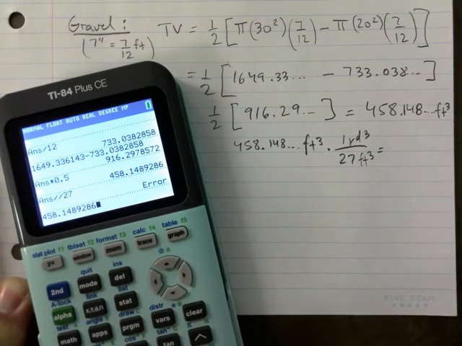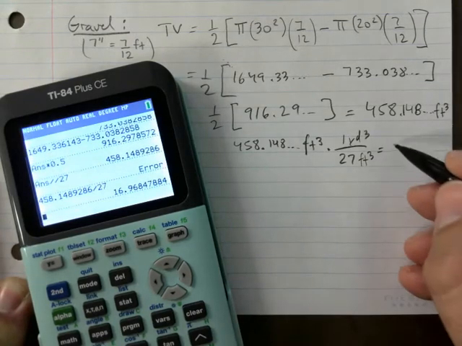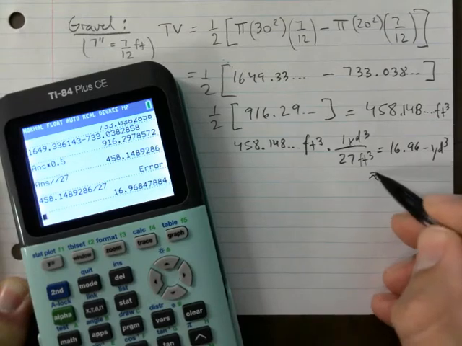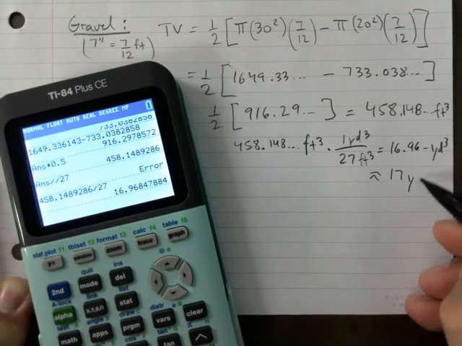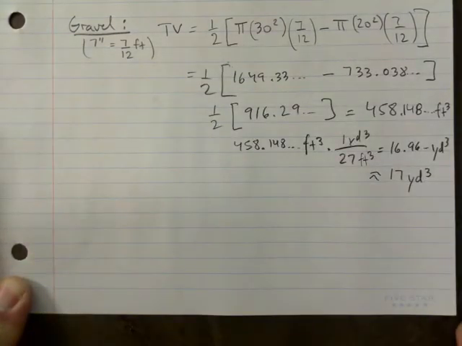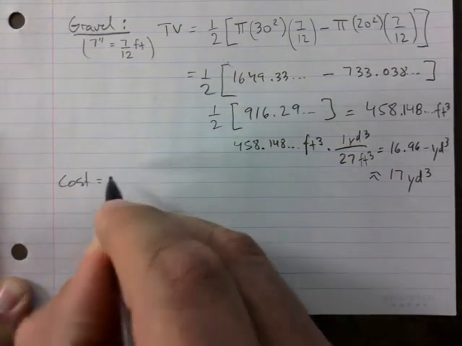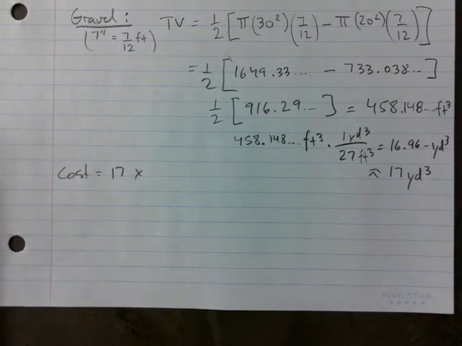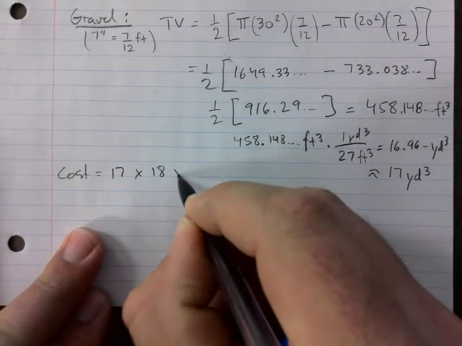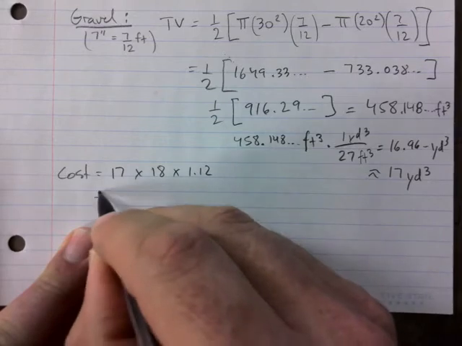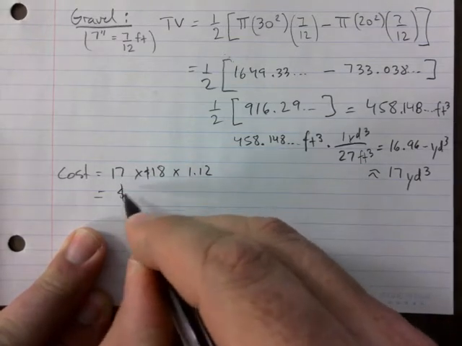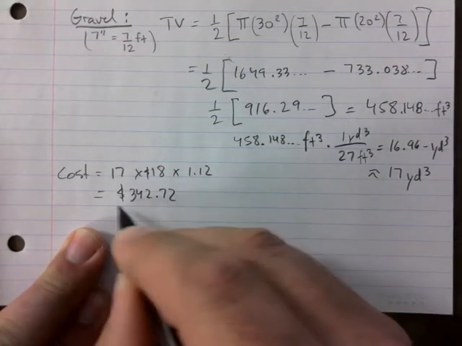I double divided it. 16.96 something cubic yards. I need about 17 cubic yards. So cost will be 17 times, what is it for gravel? 18. And I'm going to go times 1.12 right away. And this is 342.72.